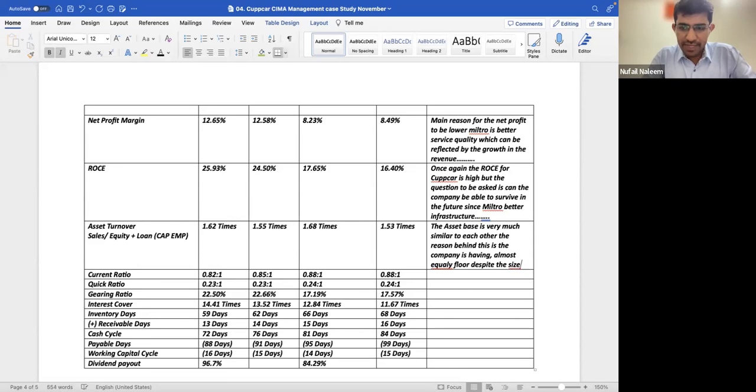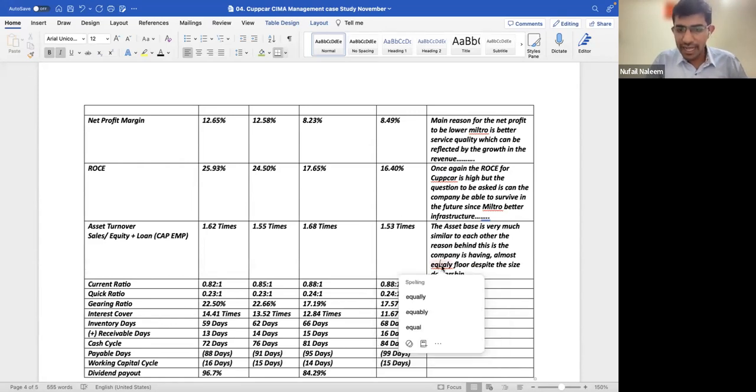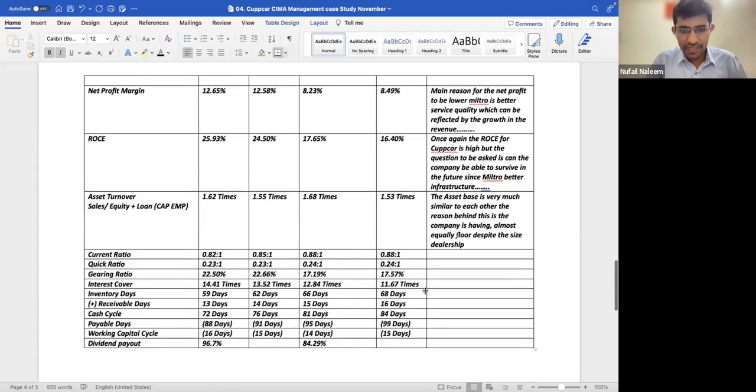So size of dealership may be Cuppcarr leading, but still the flow area remains the same. That is the ideology behind that.